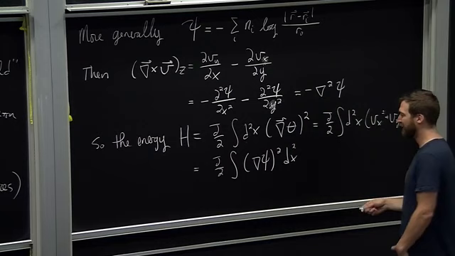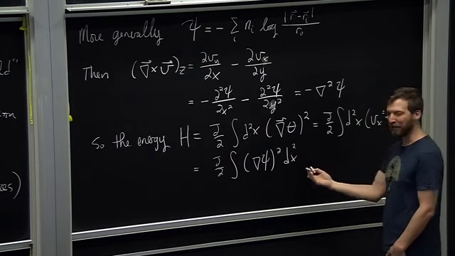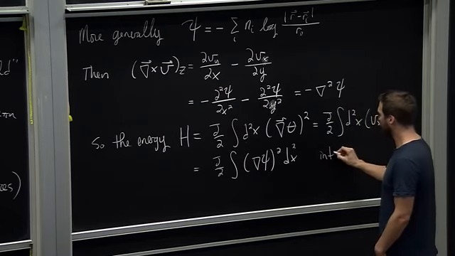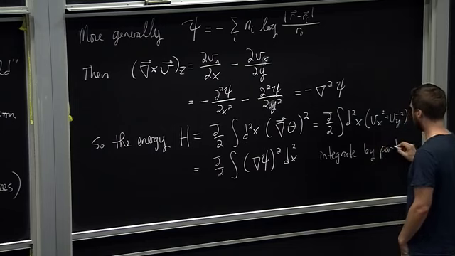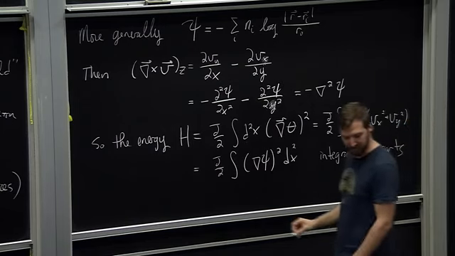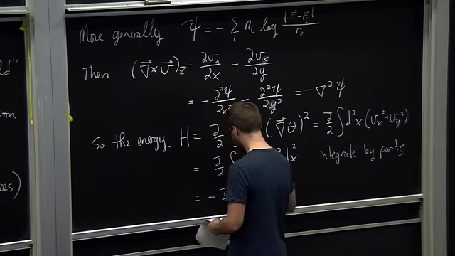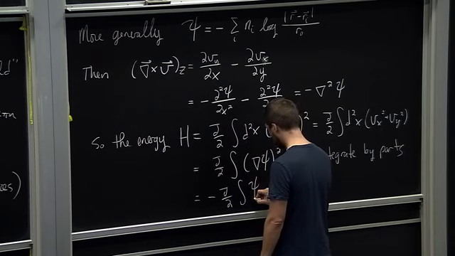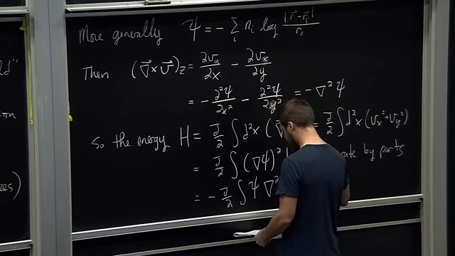And there's one more step here where you can integrate by parts. You know, so you have the integral of derivatives. It's annoying, I'll just write down the answer. You always pick up a minus sign. So it's this thing times the Laplacian, that's what it is.